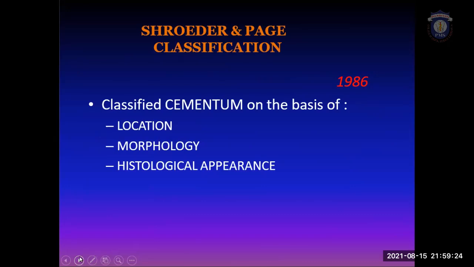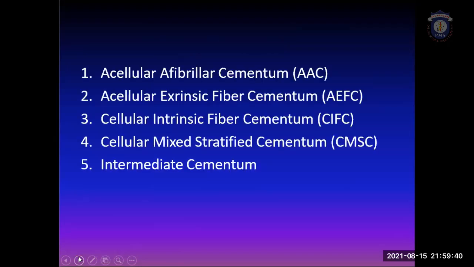Now we have studied the types of cementum. Now the Schroeder and Page classification. Schroeder and Page in 1986 came up with a classification of the cementum on the basis of location, morphology, and histological appearance. They classified it into 5 types, namely acellular afibrillar cementum, acellular extrinsic fiber cementum, cellular intrinsic fiber cementum, cellular mixed stratified cementum, and finally the intermediate cementum.